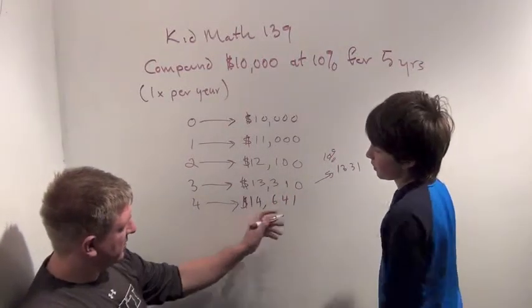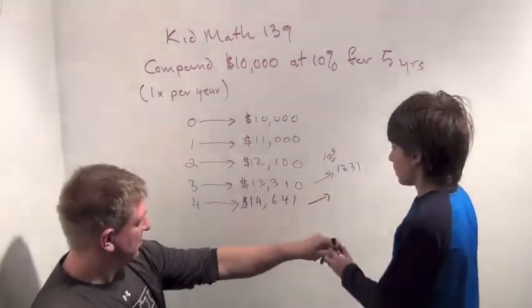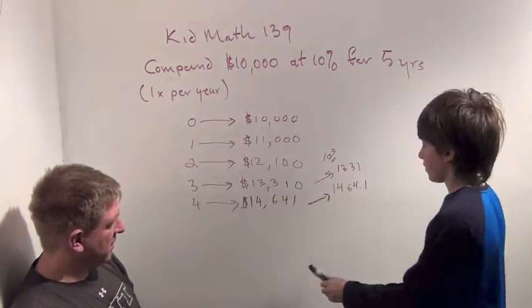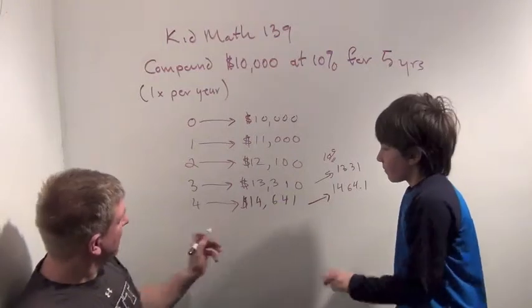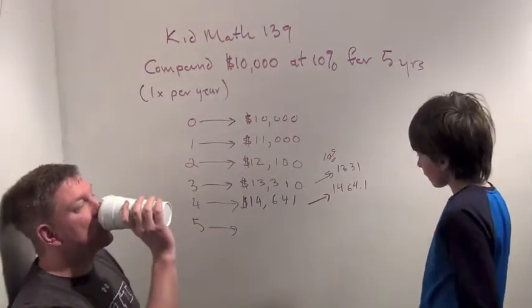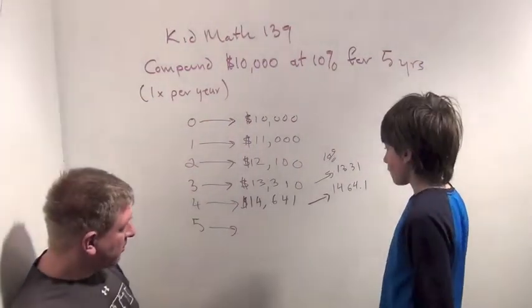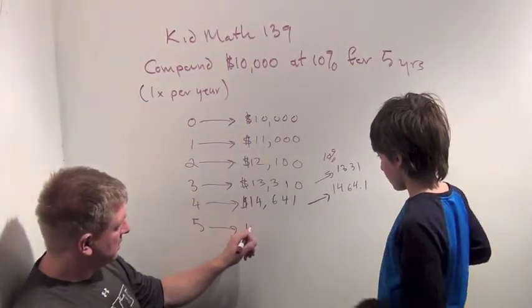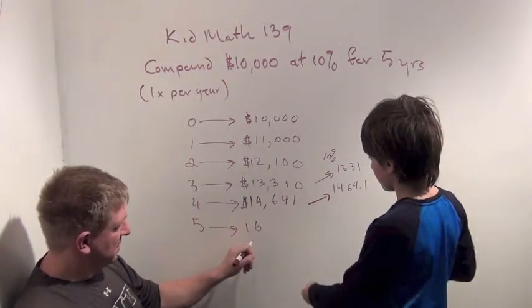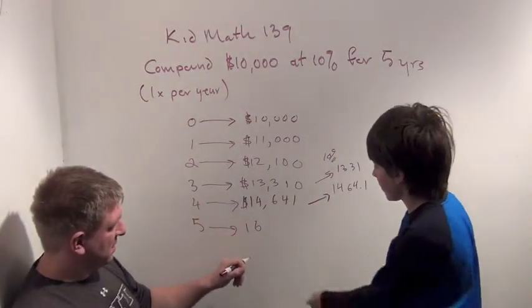And what's 10% of this? And finally, at the end of year 5, how much money do I have? It's kind of hard to do in my head.